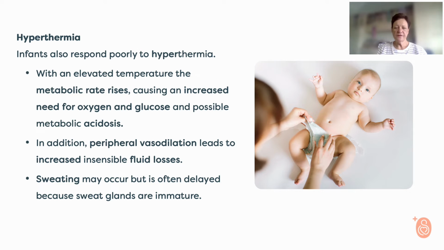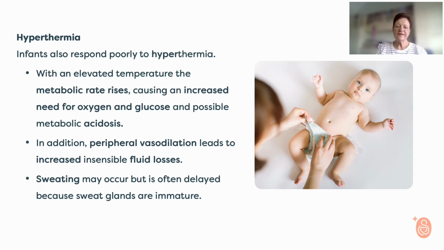Now, hyperthermia is an equally big problem when the baby is too warm, because infants also respond very poorly to hyperthermia. Because with elevated temperatures, their metabolic rate also increases. That again increases their need for oxygen and glucose, and can also cause possible metabolic acidosis.